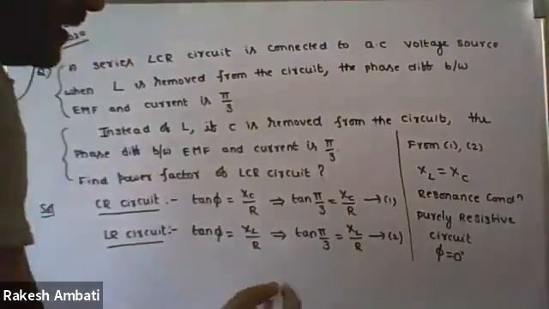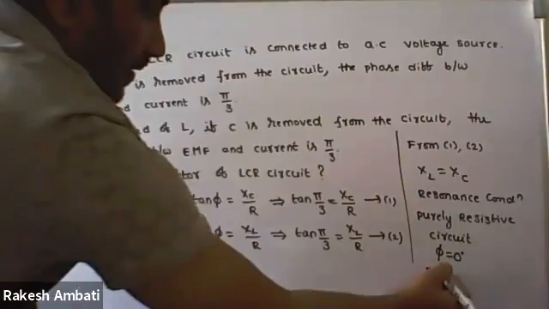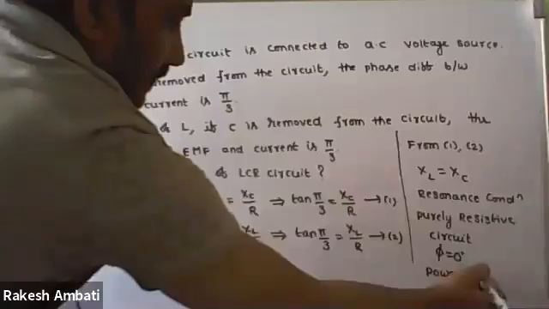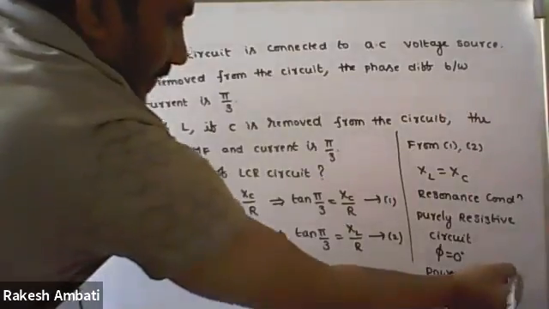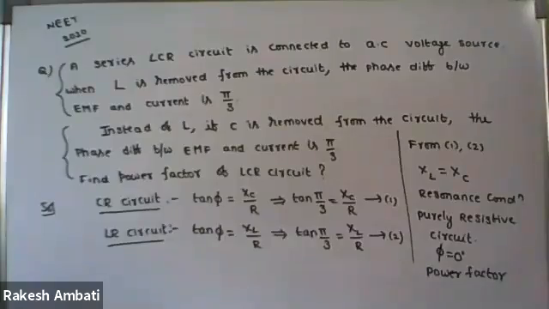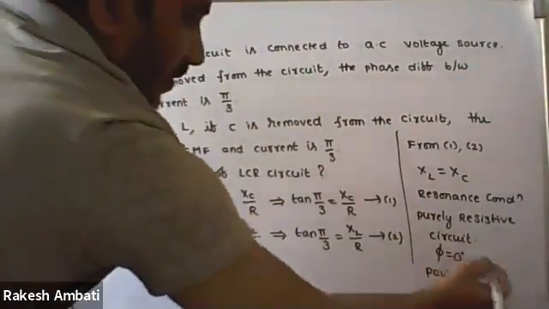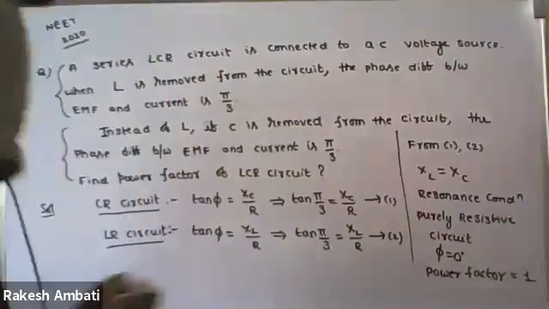If phi is 0 degrees, then how to find the power factor? Power factor is cos phi. So cos phi is cos 0, that is equal to 1.